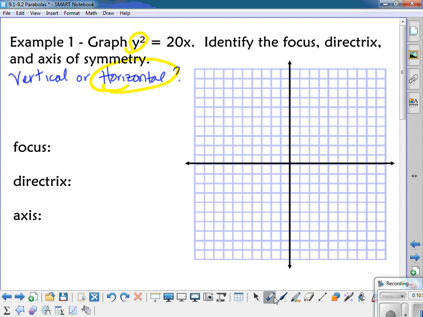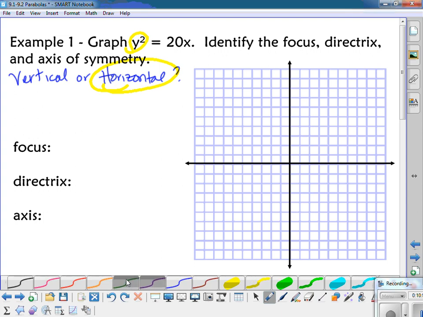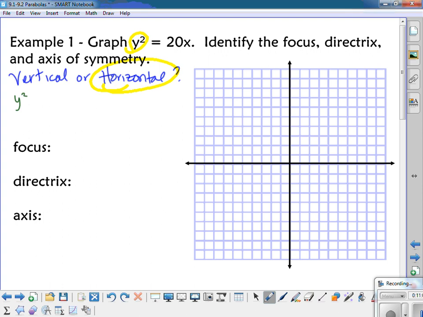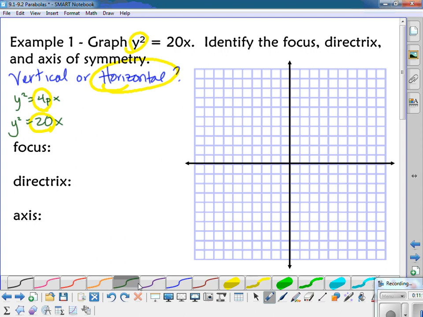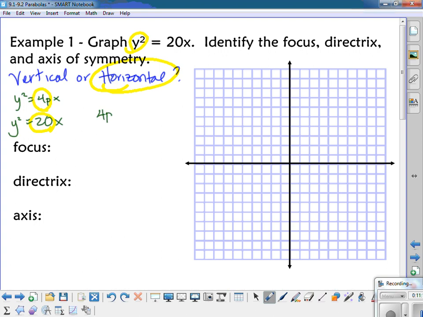So we know it's horizontal, and the general equation is y squared equals 4px. Well, what we have is y squared equals 20x. And so what does 4p have to equal? P has to equal 5, because 4p is 20, right? So yeah, p is 5. So that helps us find the focus.